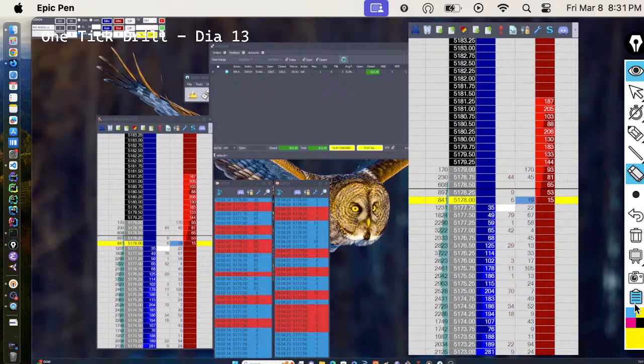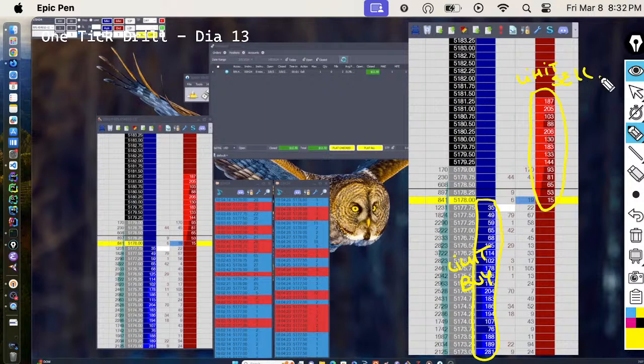What else do we see? These blue columns and these red ones represent limit orders. The blue ones are limit buys, and the red ones are limit sell orders.